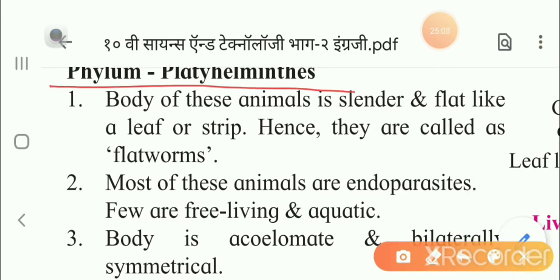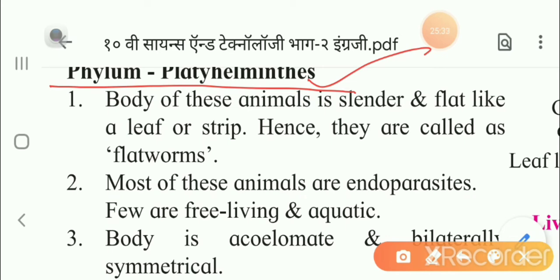This is phylum Platyhelminthes. Here, the body of these animals is slender and flat, like a leaf or strip. That is why they are called flatworms. The second characteristic is that most of these animals are endoparasites. What is the meaning of endoparasite?